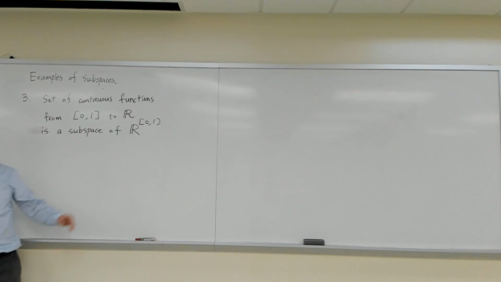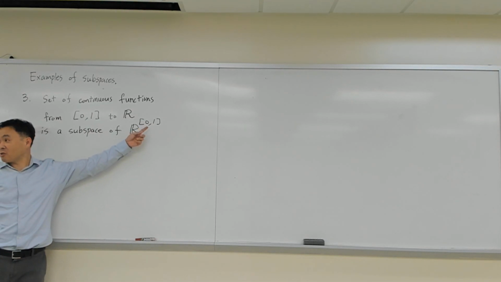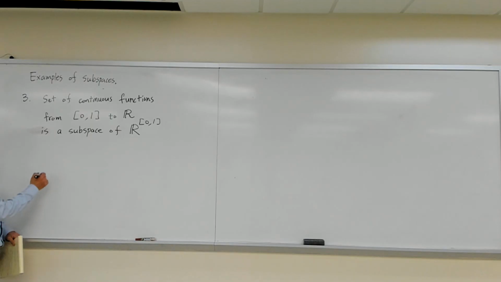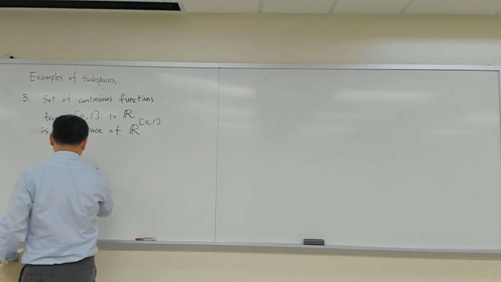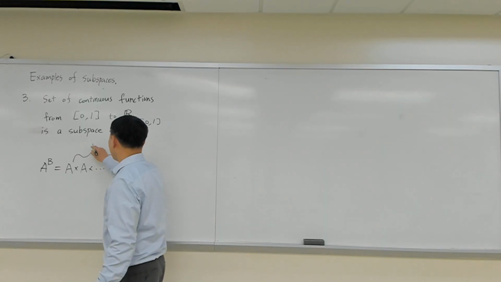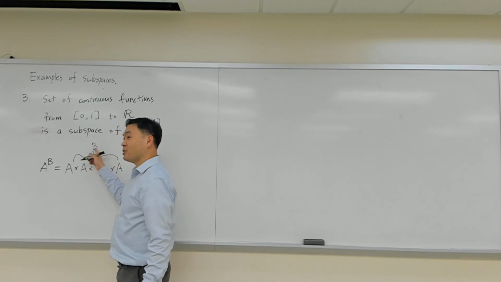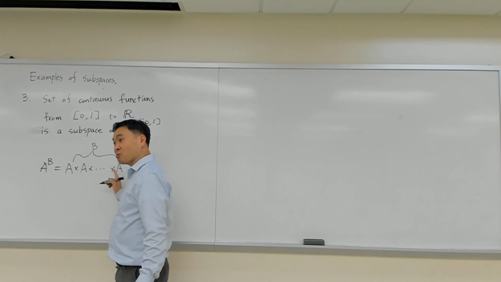Can somebody tell me what this meant? R with 0, 1? So if I add A to B, that means A cross A cross A with elements of B. So for each element of B, you have a value in each one of these.